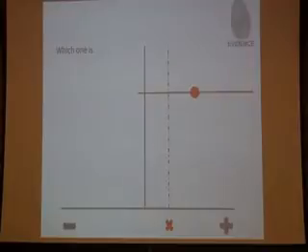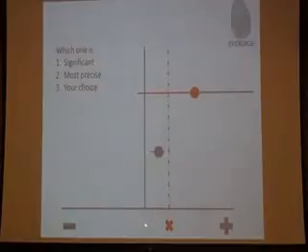Red. Blue. Which one is significant? Blue. Which one is most precise? Blue. And which one you choose? Blue. Why? Yeah, it's not crossing this line, so you are right, it does something.